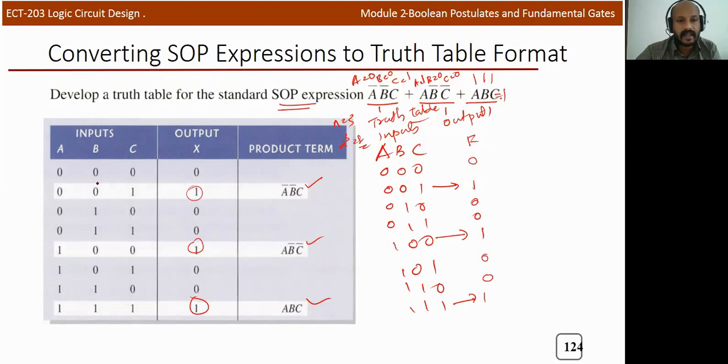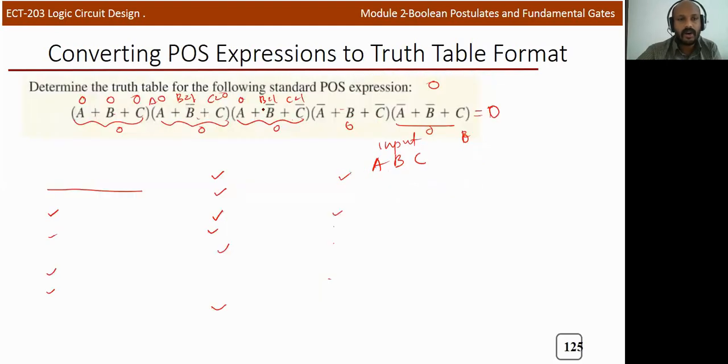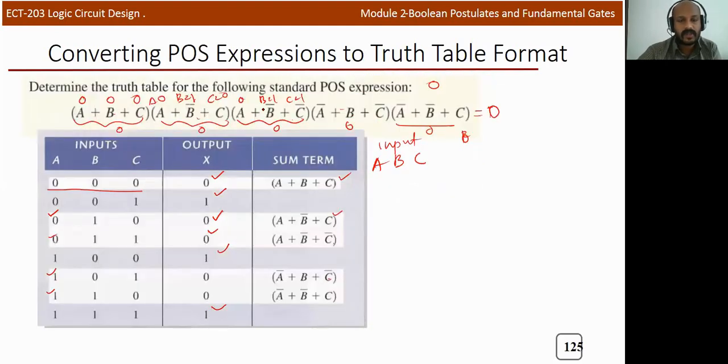Either I can say the function value gets 1 for the terms A bar B C, A B bar C bar, A B C, that is the SOP expression, or this POS expression. So both represent the same quantity. So a Boolean expression can be represented in SOP or POS form. If it is in the standard form, it's very easy to write the truth table. That's why we are writing expressions in the standard form.